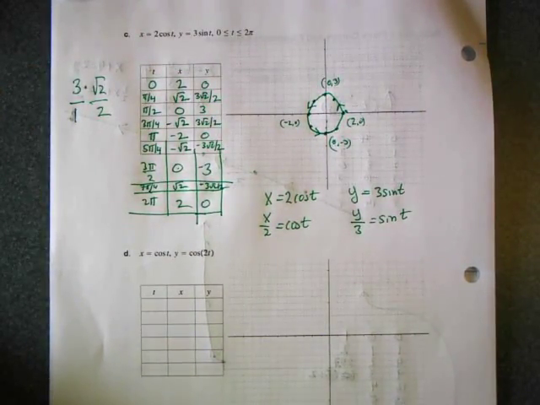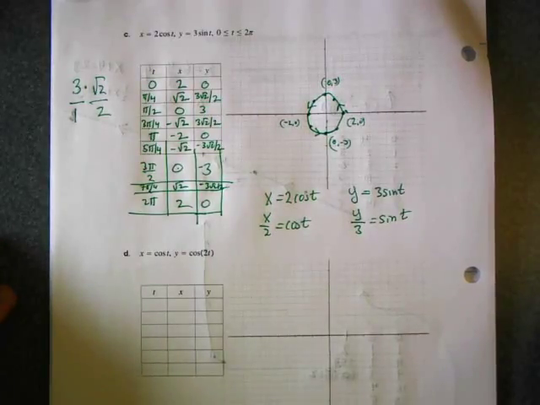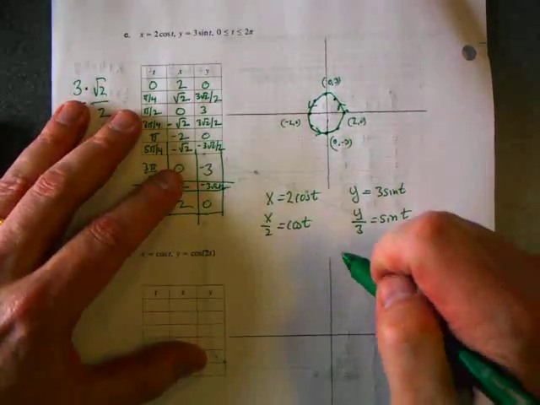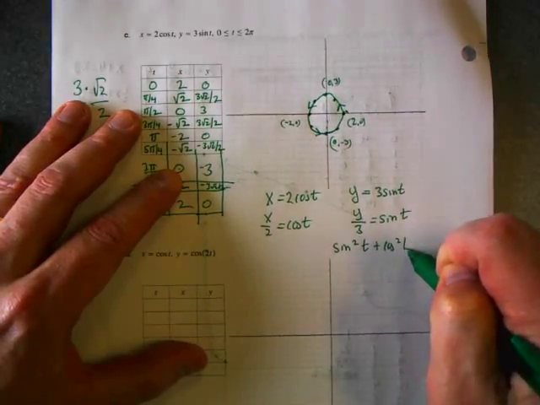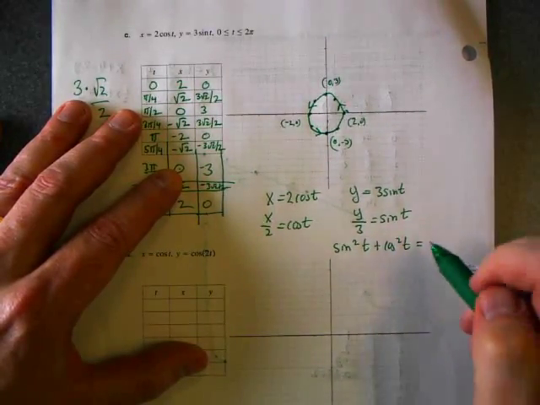Then I'm going to use my all-time favorite trig identity. What's your all-time favorite trig identity? Sine squared t plus cosine squared t equals 1.